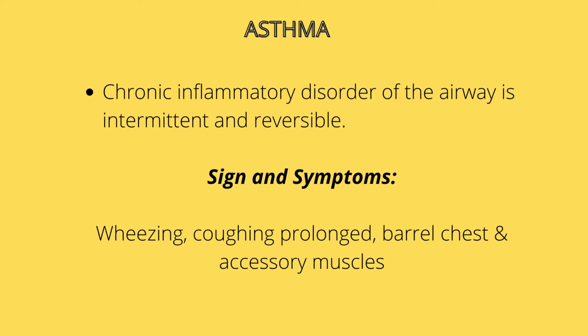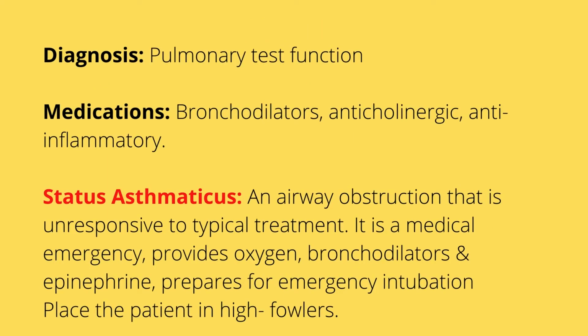They'll have a barrel chest, and they will be using accessory muscles to compensate for insufficient oxygen perfusion. Diagnostic tests that we use for this patient include a pulmonary function test, either FVC or FEV1. Medications that we normally give these patients include bronchodilators.